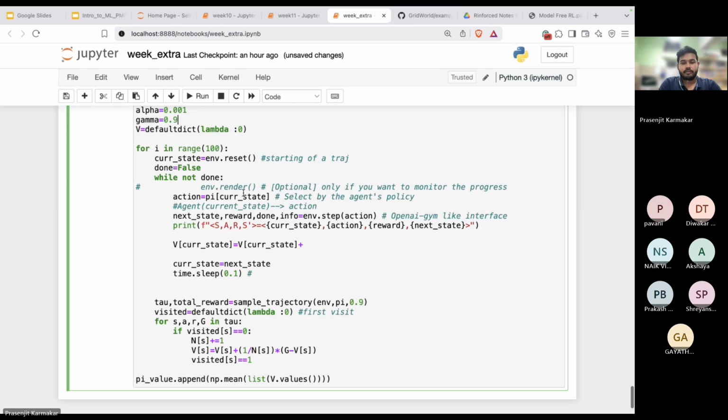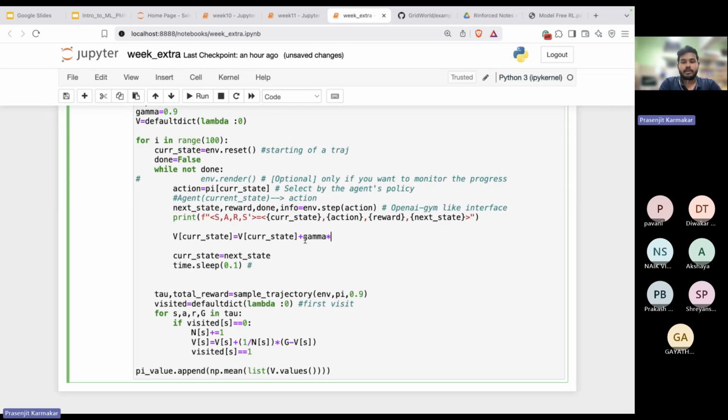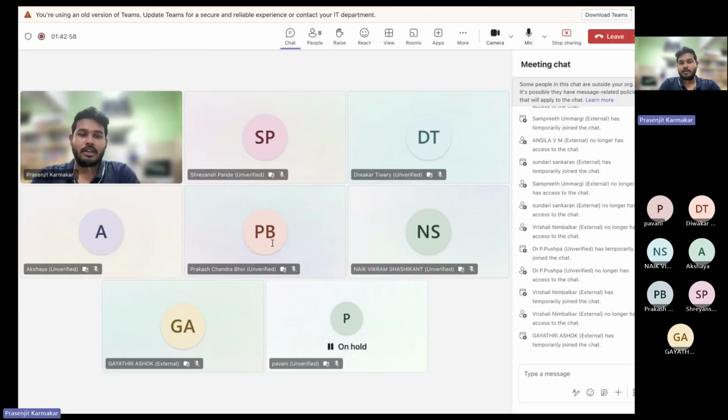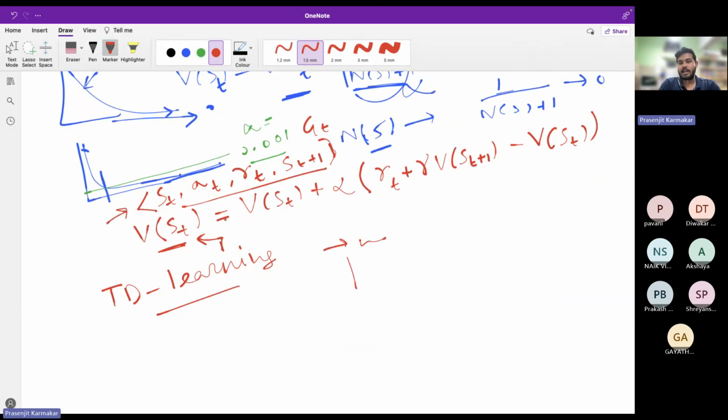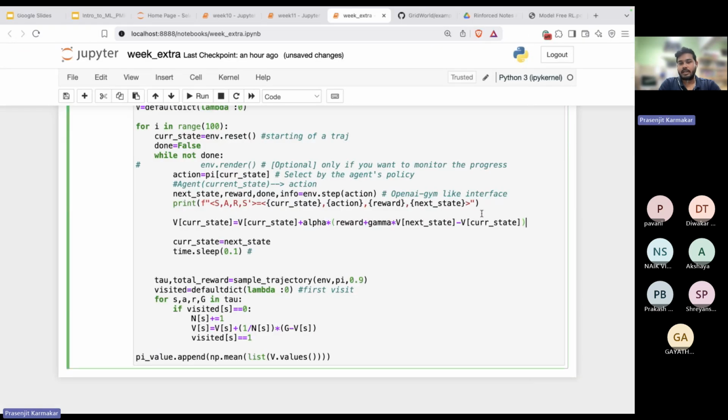You get the update equation similar to this: V(S_t) is equal to V(S_t) plus alpha times (R_t plus gamma V(S_{t+1}) minus V(S_t)). So this is the entire update equation.